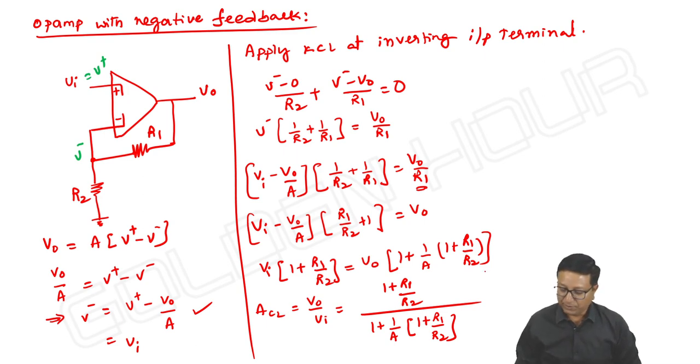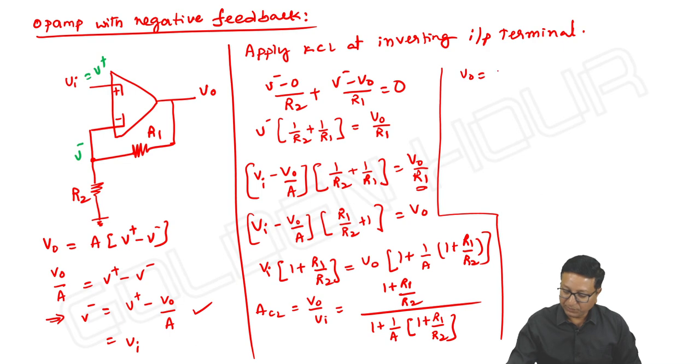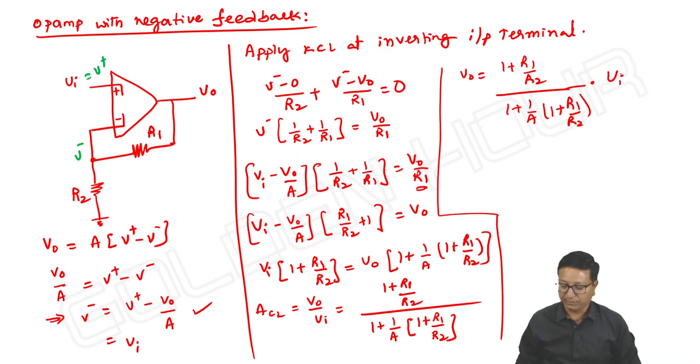Otherwise, if you want to write V output, it is (1 plus R1 by R2) by (1 plus 1 by A multiplied with (1 plus R1 by R2)) multiplied with Vi. We can write either of the steps. It doesn't matter, output in terms of input. It is looking very complex. What is this complex equation? Nothing to worry. We'll see that.